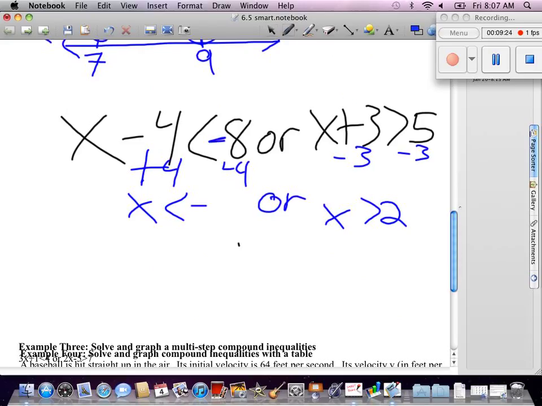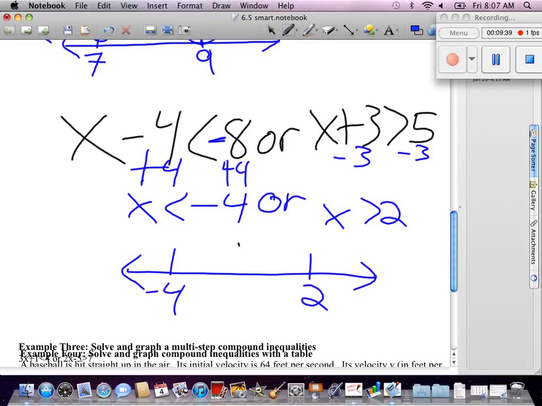And then this should be -4 because we added 4 to both sides. So now we're going to graph this. We've got -4 and we've got 2. Open or closed circles? Open. And they should be pointing away from each other because it is an or statement.